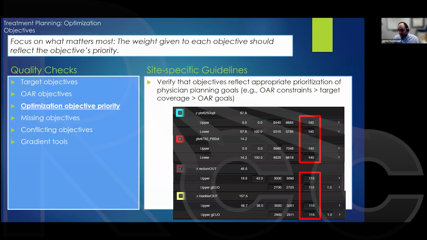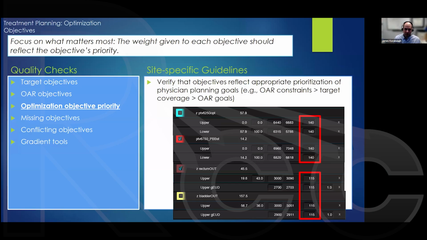All right, optimization priorities. This is also very much user dependent. I know I have my own preferences, and even within our clinic, our five prostate dosimetrists all have their own preferences. But as rules of thumb, you typically want to have your OAR constraints, your must-haves. So think about serial structures, max dose, spine max dose. Those are your must-haves, and those are typically your highest priority.